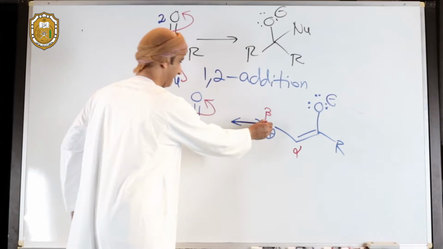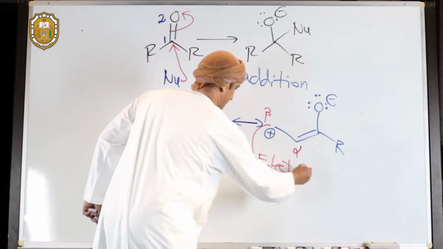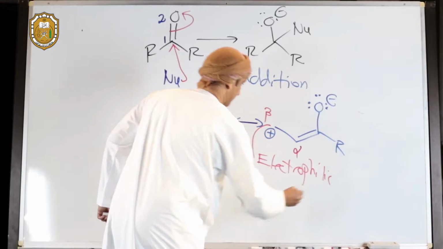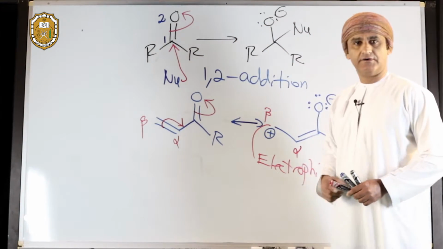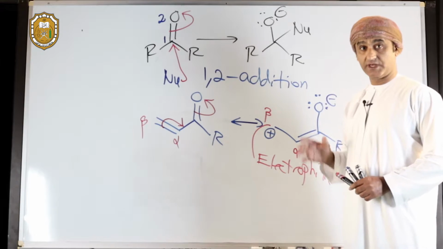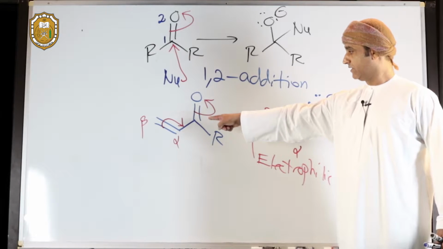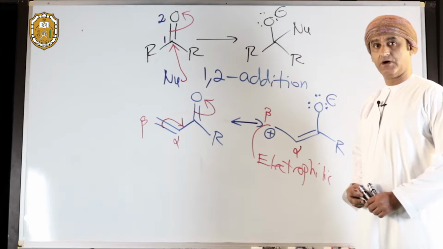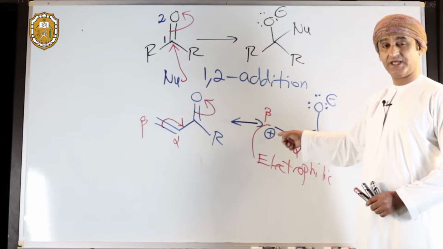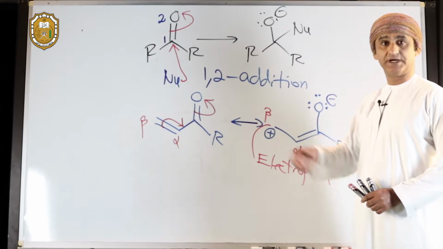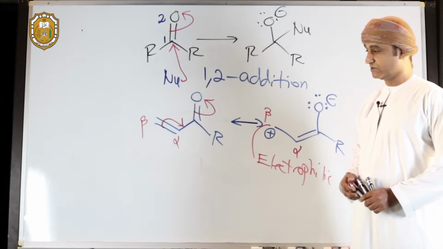So this carbon is electrophilic, of course, in addition to the original electrophilicity of the carbon of the carbonyl group. So therefore, alpha beta unsaturated carbonyl compounds are electrophilic not only at the carbon of the carbonyl group, but also at the beta carbon, as manifested by this electronic movement by resonance.